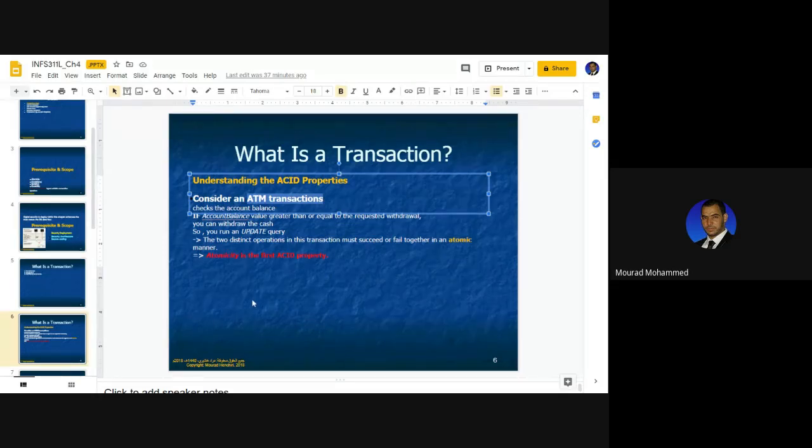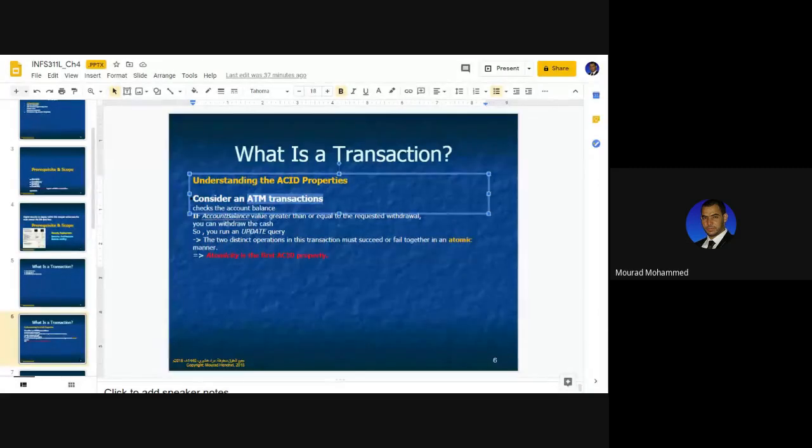Somebody goes to the ATM machine, presents himself, identifies himself by just putting the ATM card into the machine. The machine recognizes that the card is intact, is accepted. Then he requests an amount. The amount is validated.